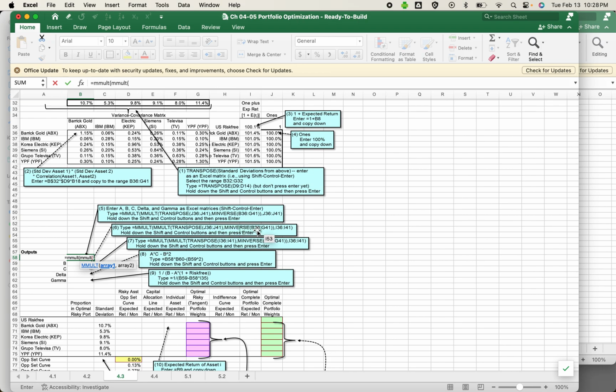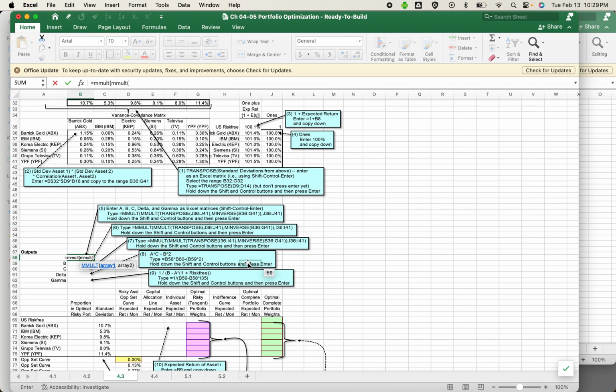First I'm going to multiply the inverse of my variance covariance, and then I'm going to multiply this by my J, my 1s. What this does is this enables us to transform this matrix into just one column, or not even a column, sorry, a cell.